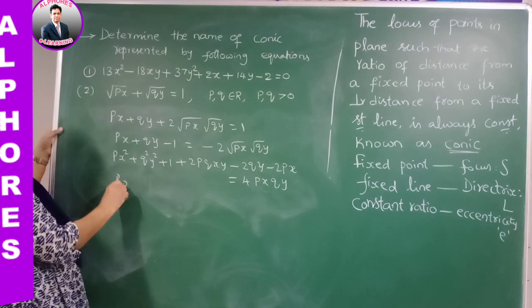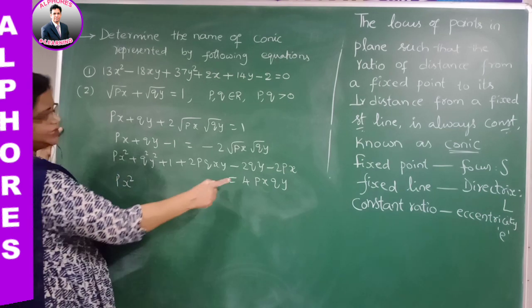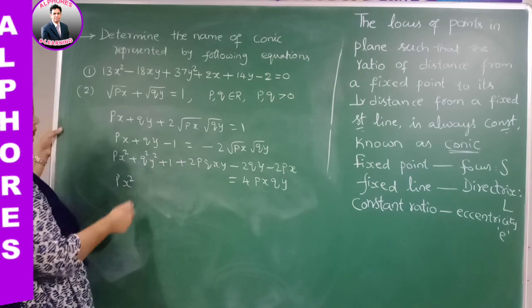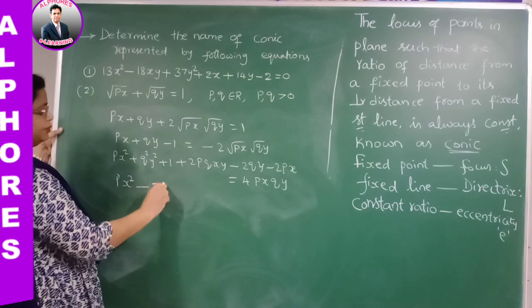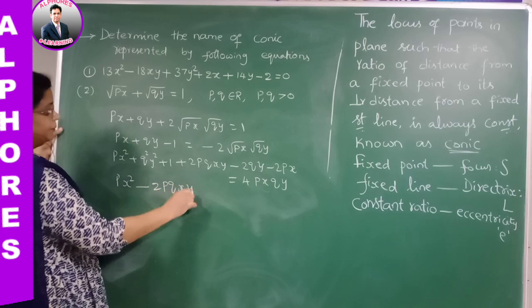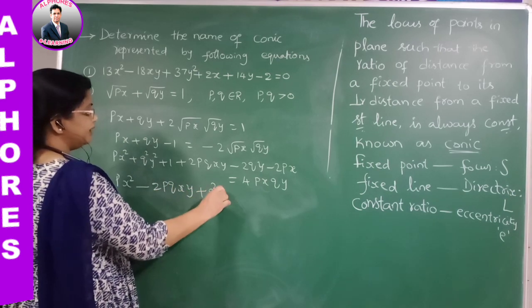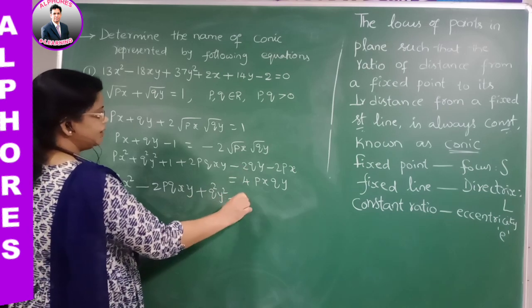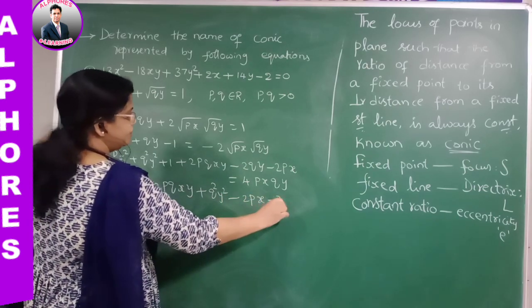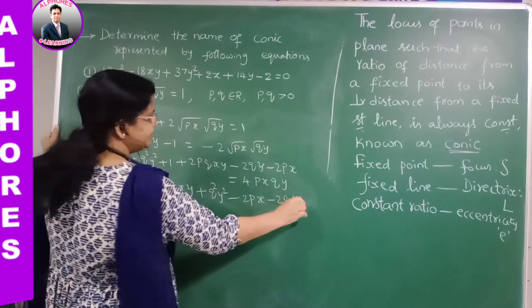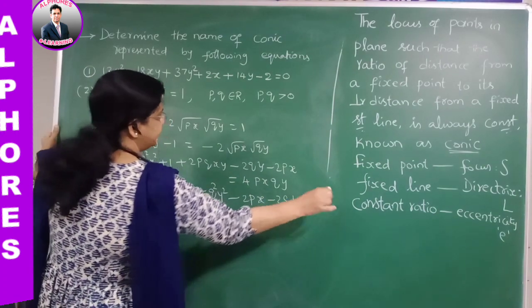Then you will get p square x square, next I am preferring to write the xy term, and if it comes to this side it will become minus 2pq xy. Next value is plus q square y square, and next minus 2px minus 2qy. Finally the constant term is 1, equal to 0.